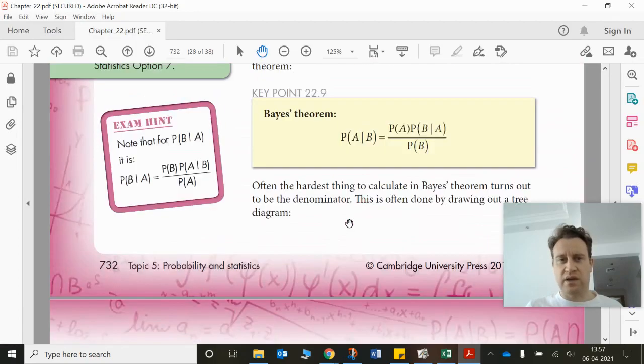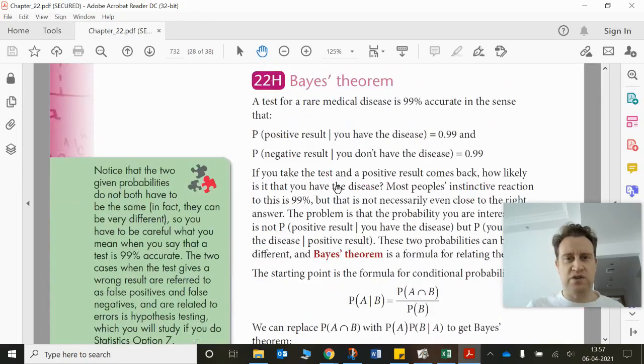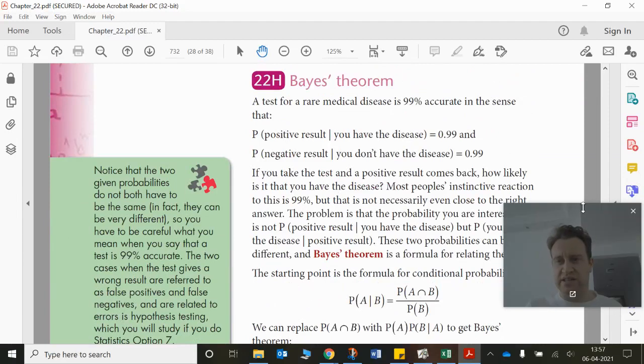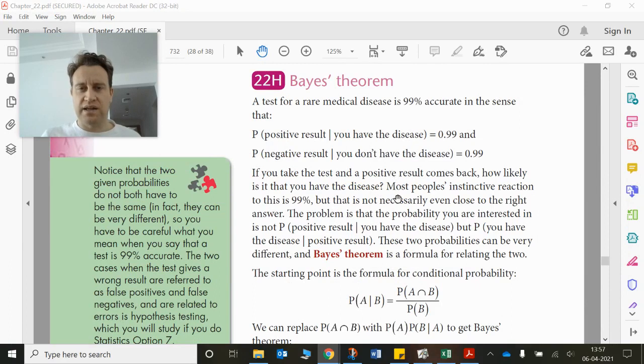If you look at exercise 22, it comes up with a really nice example to start off with on this. This is where this idea of Bayes' theorem is often practical, in the realm of medicine.